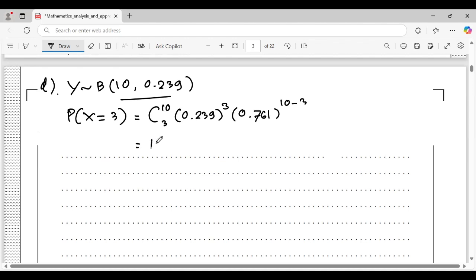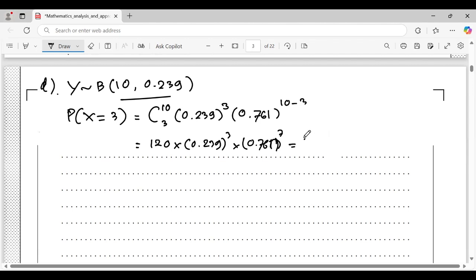This combination is 120 times 0.239 cubed times 0.761 to the power 7.